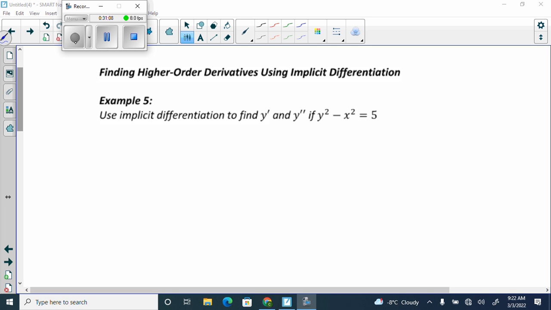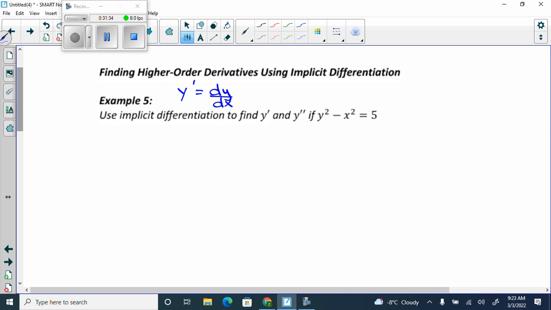If it asks me for dy over dx, when I take the derivative of y, I'm going to write dy over dx. If it says y prime, I'm just going to write y prime, because y prime equals dy over dx. They're just different notations, and it depends on which one your prof likes better. So I stick with both, so you can see the difference.